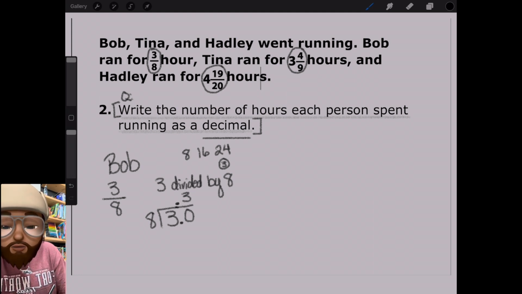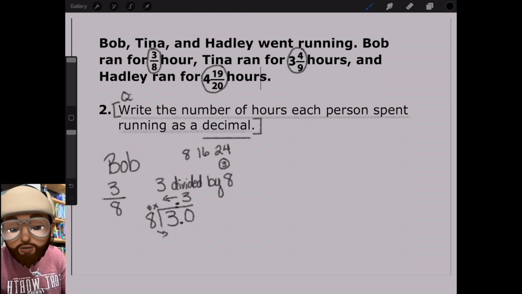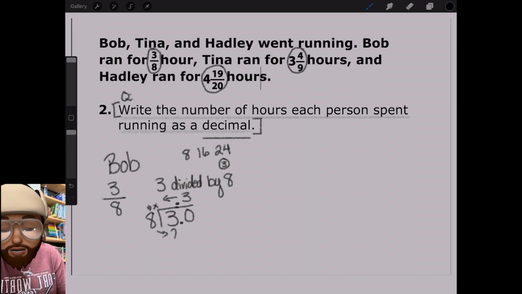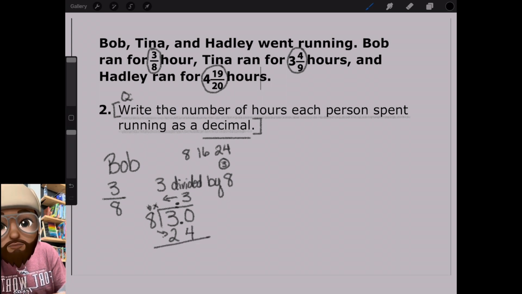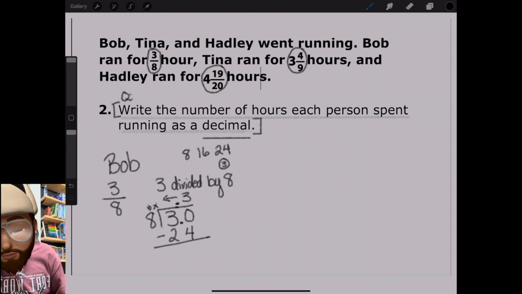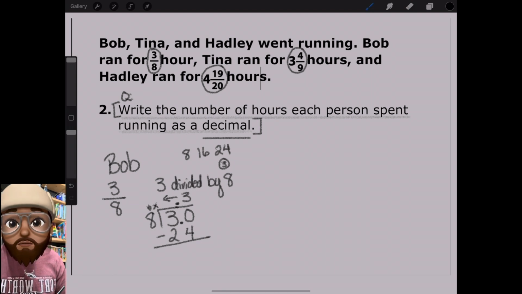Now what I like to do is put a times there so I know I'm saying 3 times 8, and then I put the product there. So 3 times 8 equals 24. Now we're going to subtract.